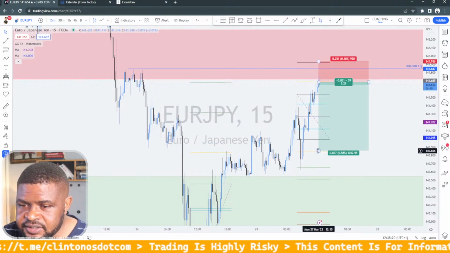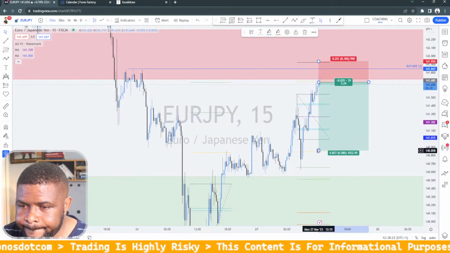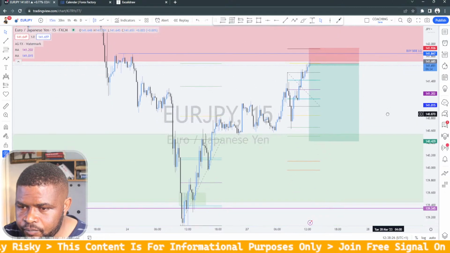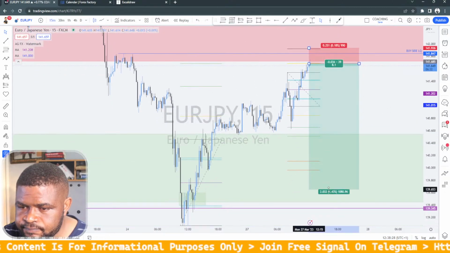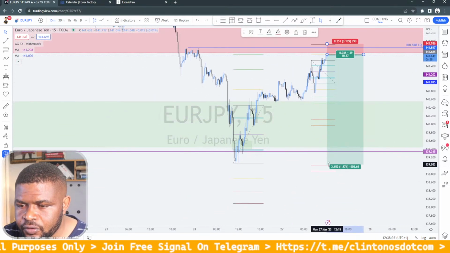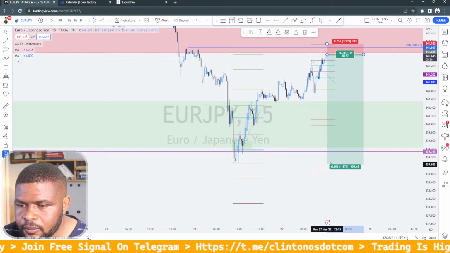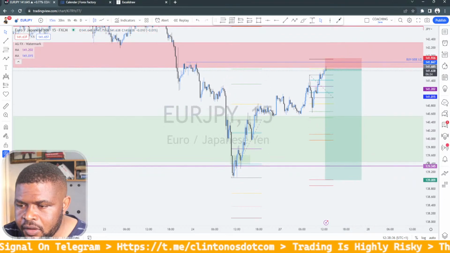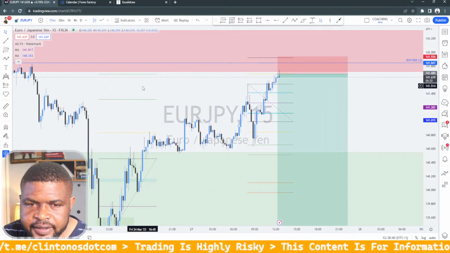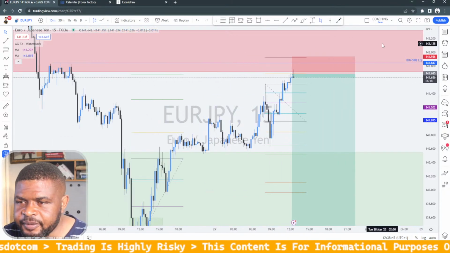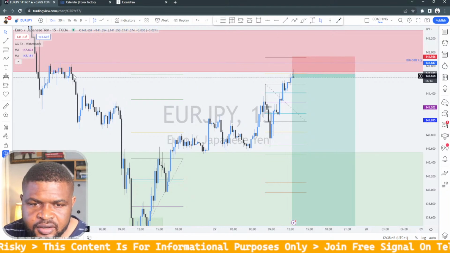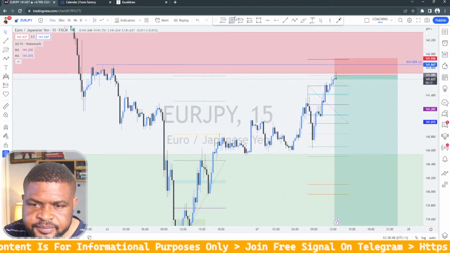This will be a nice setup. Oh, tempted to do this right there. My only problem is the buy side is not taken yet. Oh, but I'm tempted to do this.